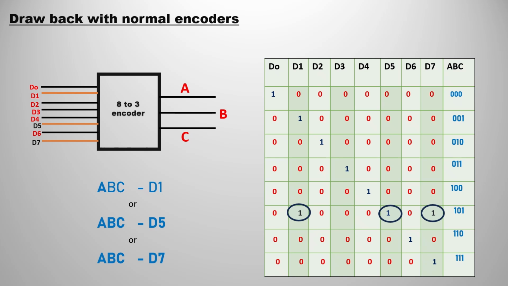You might think D5 is the main one, so we should select D5, but not like that. Which one is highest here? D7 is highest, so D7 will be selected. If D7 is not there, and only D1 and D5, then D5 is the highest, so D5 will be selected. You can observe clearly that D7 is the highest, so it is selected. The remaining two inputs will be rejected, so the final output A, B, C would be 1 1 1. More about the priority encoder in the upcoming video.